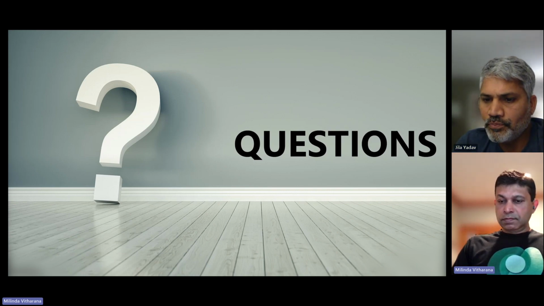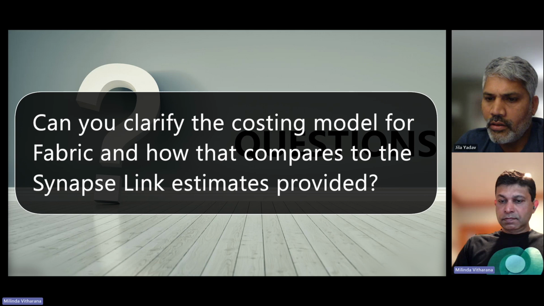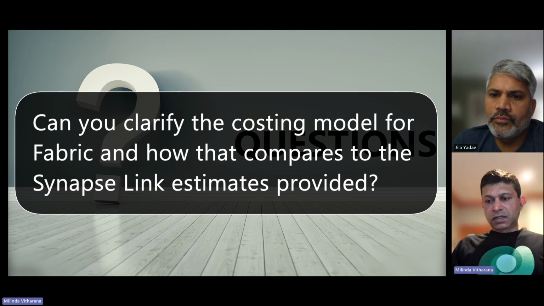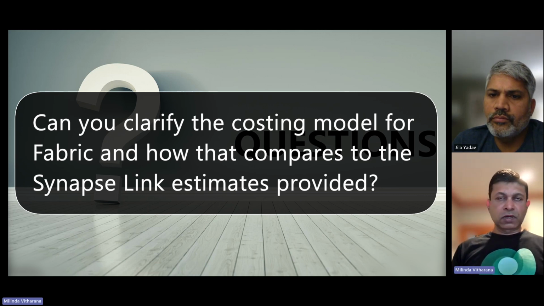Yep. There are also a number of questions related to cost. Can you clarify the costing model for Fabric and how that compares to the Synapse Link cost estimates that have been provided? Yeah, JJ and I can certainly take a look. Essentially, through our preview program, we worked with multiple dozens of customers, so the calculators that we showed you, also available via our documentation, are a reflection of that.